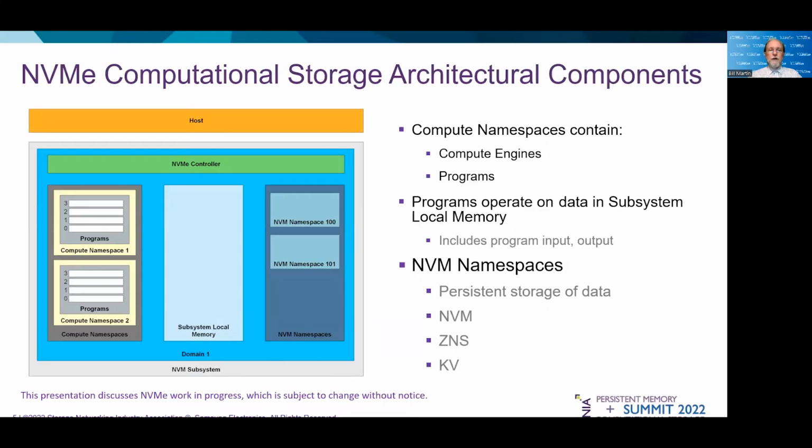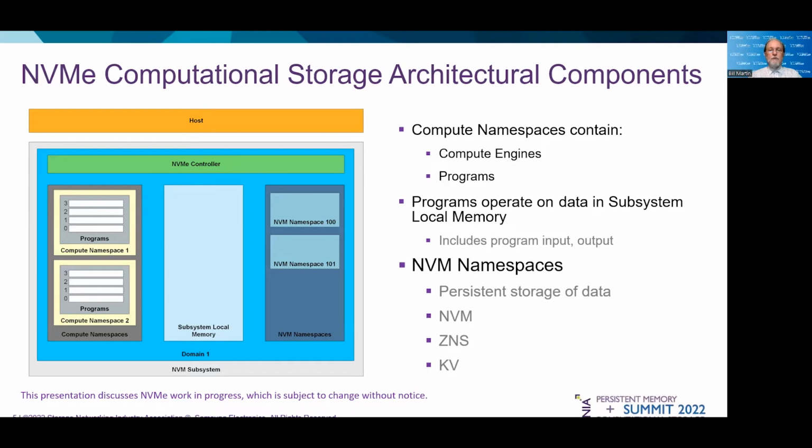Next, let's look at the NVMe computational storage architecture components. Within the NVMe architecture, we have the compute namespaces. The compute namespaces are made up of one or more compute engines, and they have an area for programs to be stored.